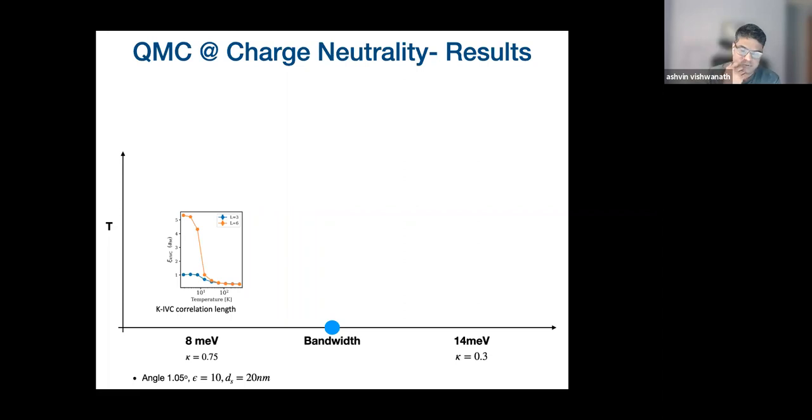As you go down in temperature, you see an order developing. This is the correlation length that diverges as you lower the temperature. This is a log scale: 100 Kelvin, 10 Kelvin. Once you drop below 10 Kelvin, there's a divergence of the correlation length. Of course, the correlation length is bounded by the system size, so when you have a system size of 6, it climbs up to somewhere above 5.